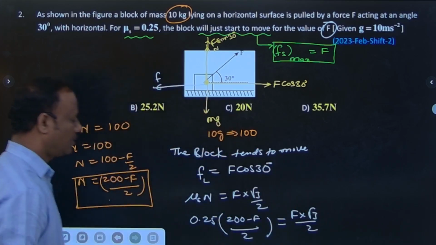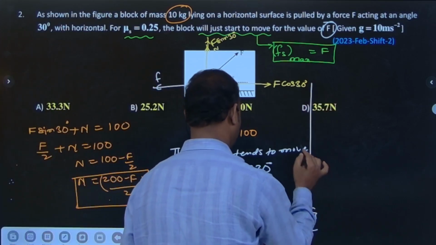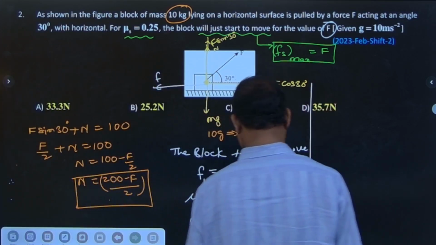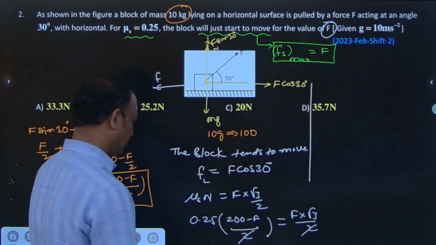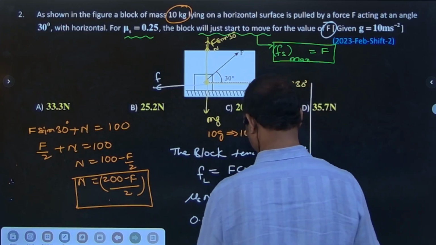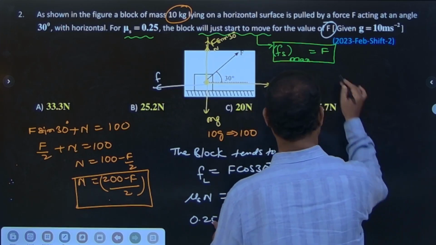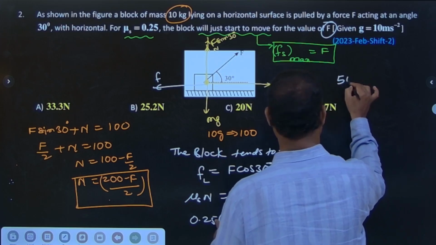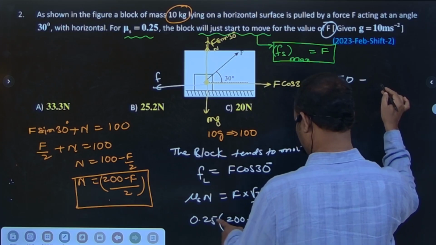You can go for the proper calculation to get the value of F. The 2 and 2 cancel. 0.25 into 200 means 25 twos are 50, so this is 50 minus.